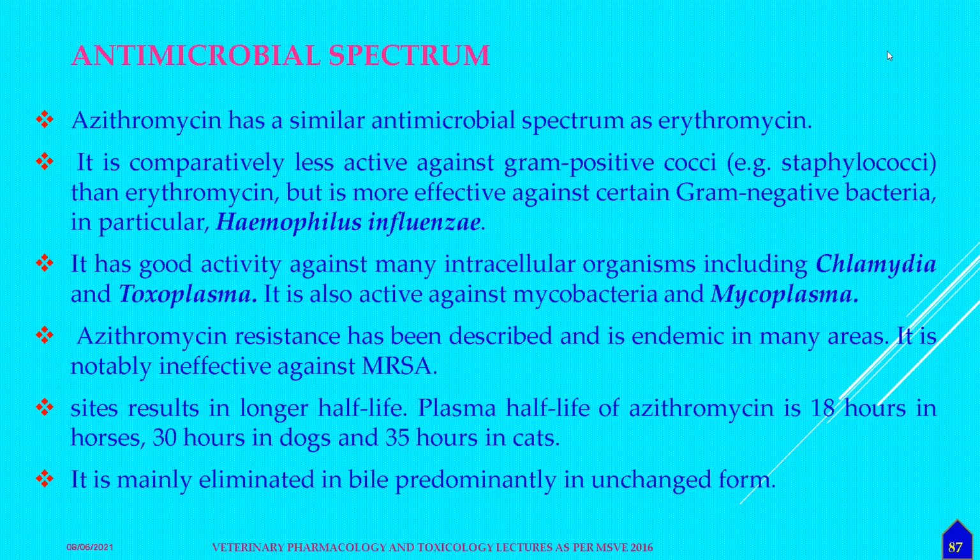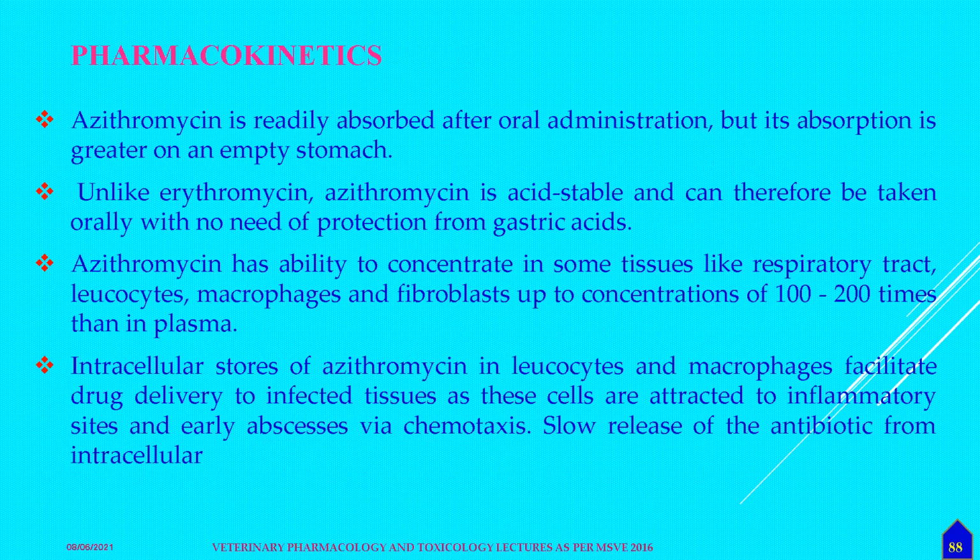The plasma half-life of azithromycin is very long: 18 hours in horses, 30 hours in dogs, and 35 hours in cats. It is excreted through the bile in unchanged form. Now the kinetics. Azithromycin is absorbed orally, and it is acid stable, as usual.